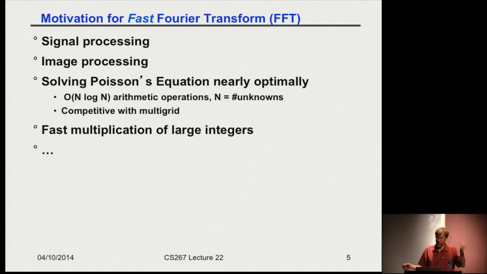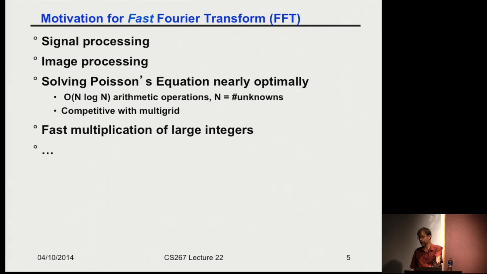I'm sure many people here have their own favorite applications of Fourier transforms, signal processing being one of the most common ones, and I'll just do a one-slide example of that. Image processing, again, a one-slide example of that. But the running example I'm going to use to motivate it is the same one that we've had before, when I said, why am I doing multigrid? Why am I doing all these other ones? It's going to be solving Poisson's equation.